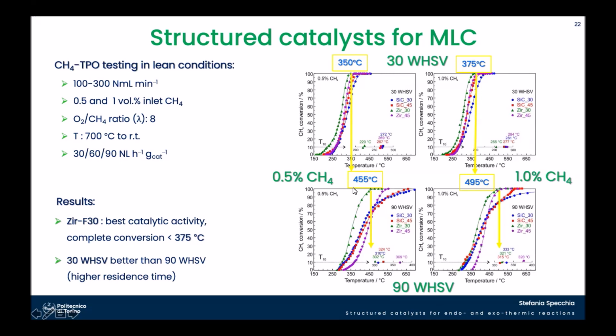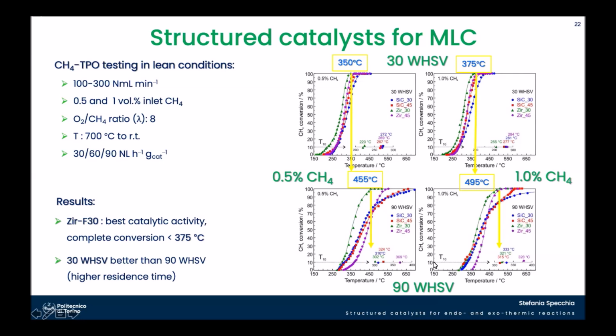By enlarging the figures, you can see that the behaviors are slightly different whether we are at low temperatures, close to 10% of conversion, or close to full conversion. Also, when we are at a relatively low space velocity, the curves are very steep, so the conversion is very good, because in less than 350 degrees we are able to completely burn methane, and there's no CO emissions. So the reaction was 100% towards water and carbon dioxide.